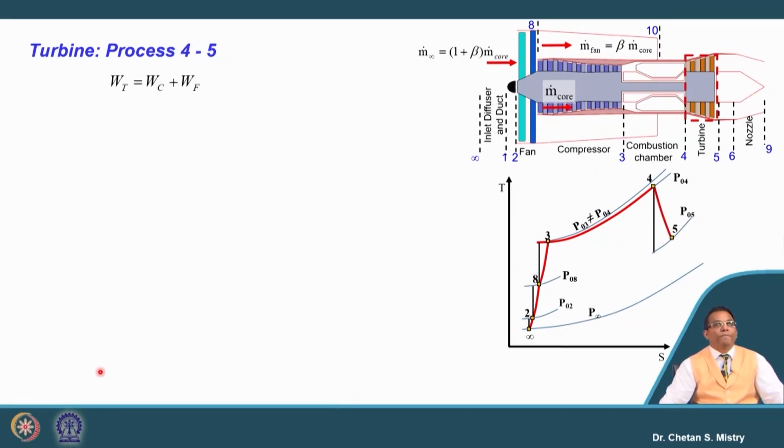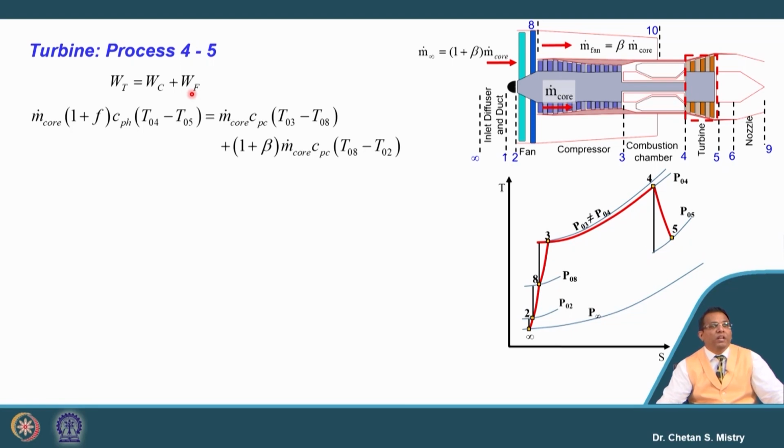Okay. Now, let us move with the next component, that is our turbine. This turbine expansion process we are representing as process 4 to 5. Now, as we have discussed, my turbine work, that is what is used to rotate both compressor as well as fan. So, I say Wt, that is equal to Wc plus Wf.